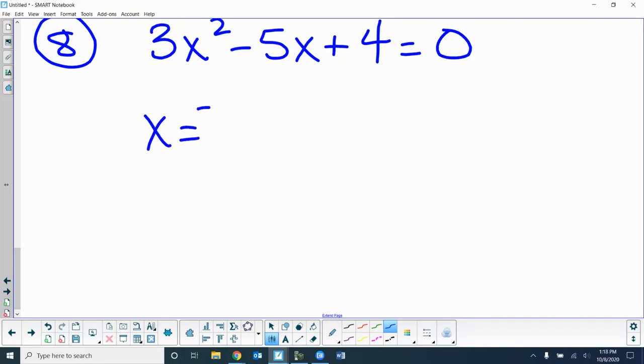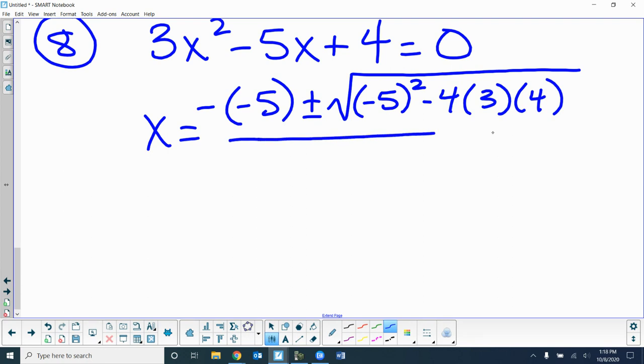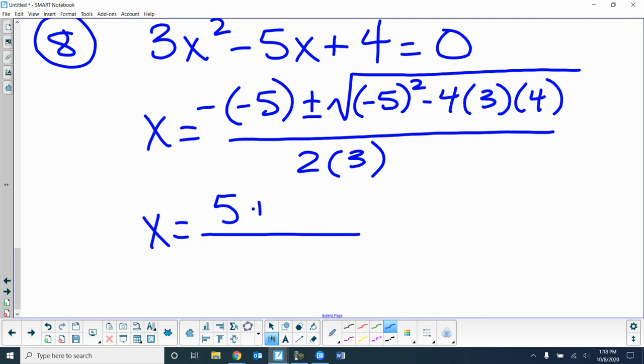So x equals negative b plus or minus the square root of b squared minus 4 times a times c over 2 times a. So x equals positive 5 plus or minus the square root of something over 6.